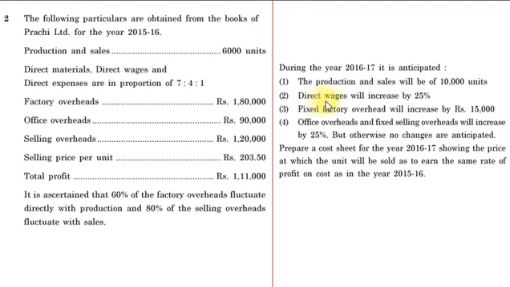Number 2, direct wages will increase by 25%. Number 3, fixed factory overhead will increase by rupees 15,000. And number 4, office overheads and fixed selling overheads will increase by 25%. But otherwise no changes are anticipated.